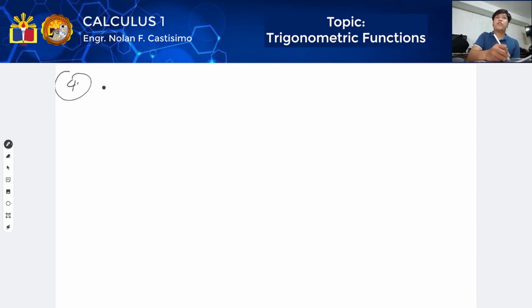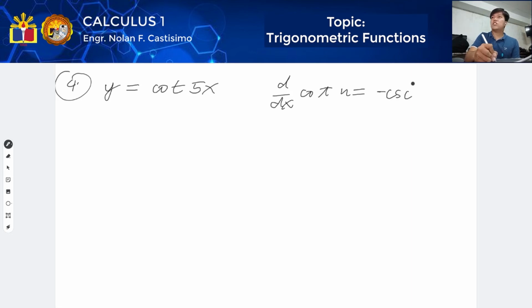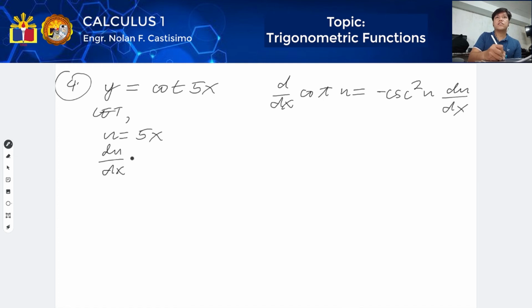Number 4, example. So, we have for cotangent. So, y equals cotangent 5x. So, we're going to use the formula d over dx cotangent u is equivalent to negative cosecant square u du over dx. Yan. So, dito mag-let tayo. Let u is equivalent to 5x and du over dx is equivalent to 5.